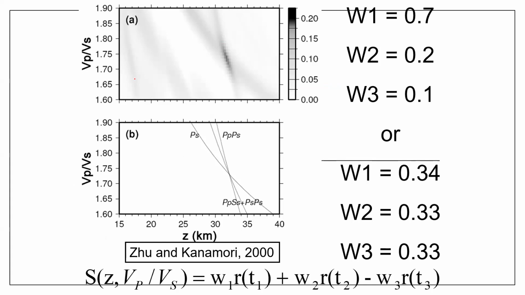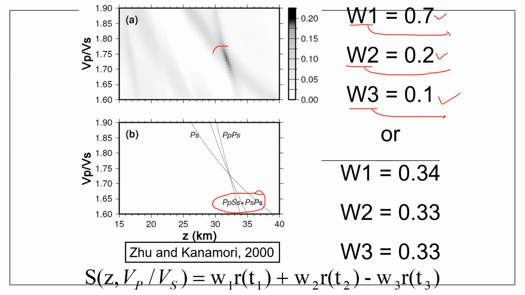Now they have shown different weights assigned to different phases. As I told you, W1 is the weight for the Ps phase, W2 is for the PpPs phase, and W3 is for the last phase, that is this one. As I told you, the nearest arrival is the Ps phase, so the highest weight is given to this one, the next highest is given to this one, and the lowest is given to this one.